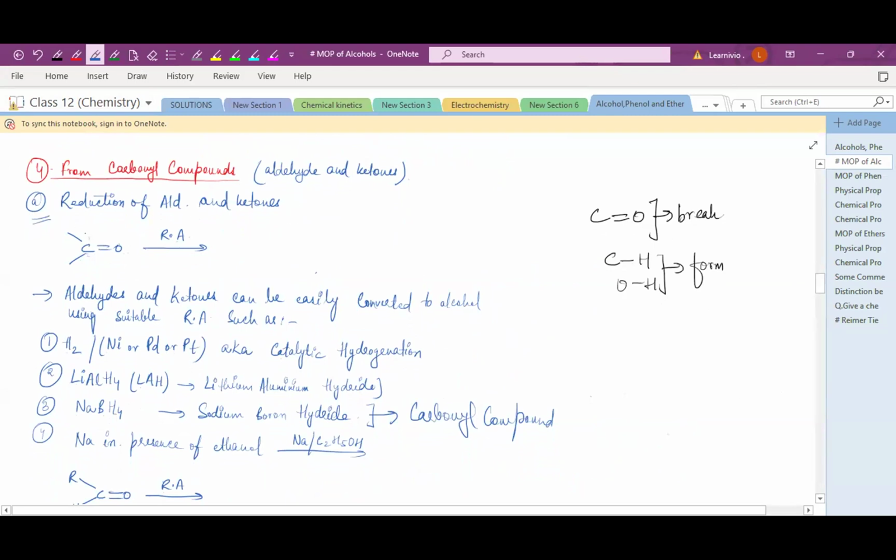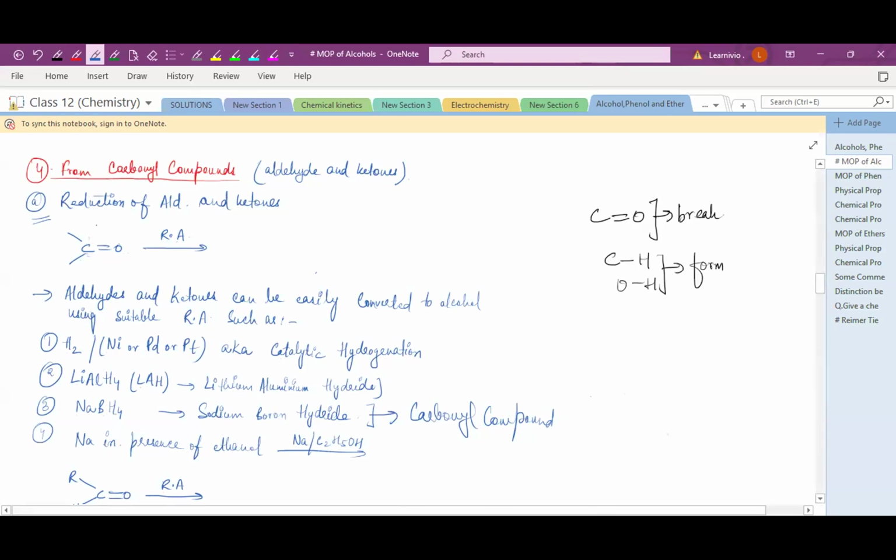Suppose we take the CO group. In both aldehydes and ketones, the CO group is common. If you take this carbonyl compound and add a reducing agent, what happens? What is reduction? Reduction is the removal of oxygen or the addition of hydrogen.